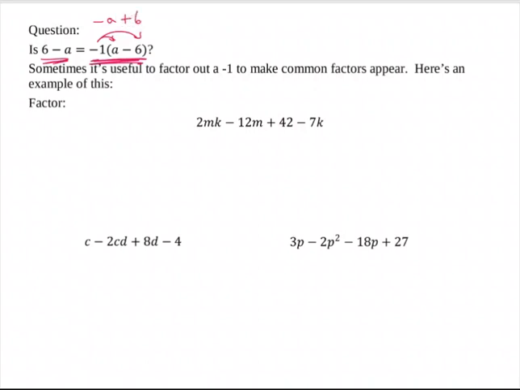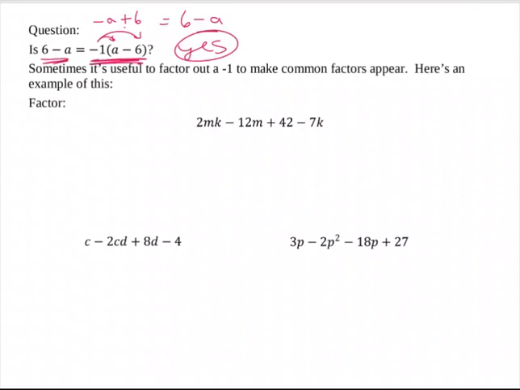So we have -a plus 6, and then we have this property that says if we do addition, we can reverse the order of addition, like 2 plus 3 and 3 plus 2, those are the same thing. We have addition going on right here, so that means we can reverse the order. So we can say -a plus 6 is the same as 6 plus -a, which is the same as 6 minus a. So are they the same? Yeah, they're the same. So that just answers that question.